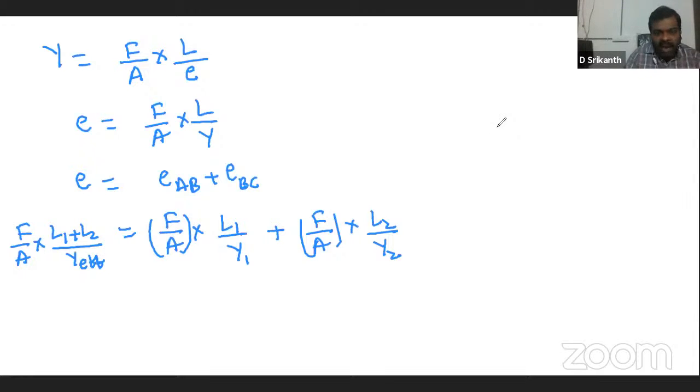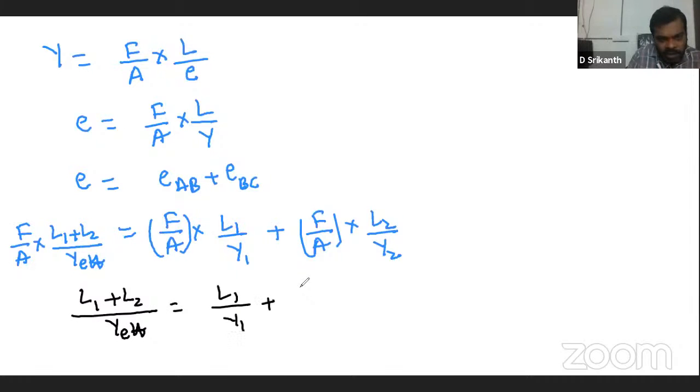Throughout the equation, I will take F by A common and then cancel. So we'll get L1 plus L2 divided by Y effective is equal to L1 by Y1 plus L2 by Y2. From this, I can get Y effective. Take LCM.